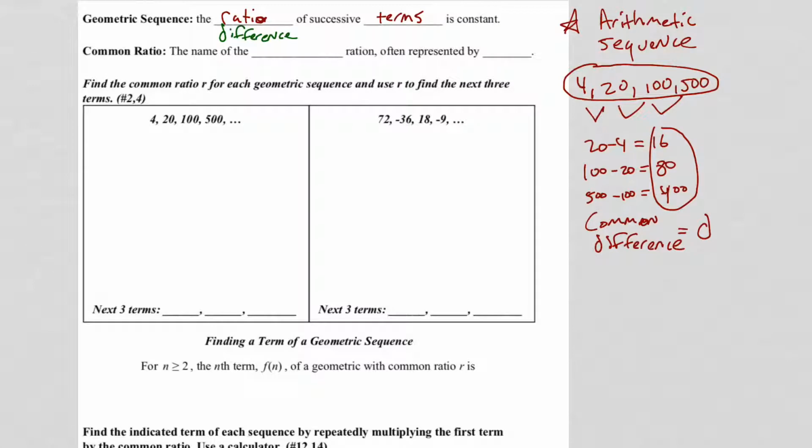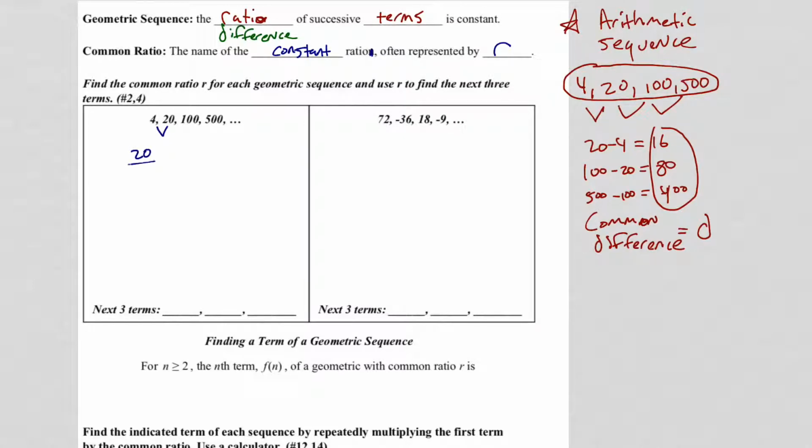So the common ratio is the name of the constant ratio, not ration. The common ratio, often represented by R, right? Instead of D, now we'll be looking for R. So instead of subtracting these terms on a geometric sequence, we divide.